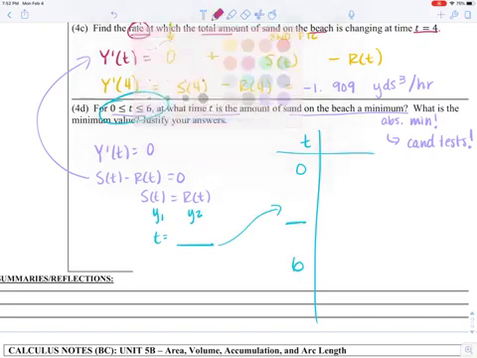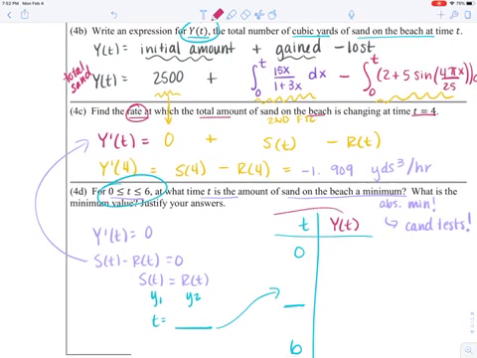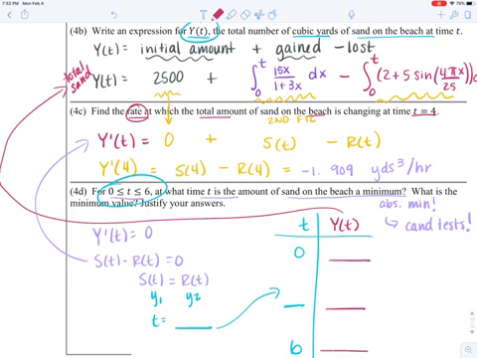And because I want to find the minimum y of t, you're plugging this into y of t. So be careful. Y of t is that guy. So you need to plug in 0, you need to plug in 6, and you need to plug in that point and tell me which one is the minimum. And I will check for this.